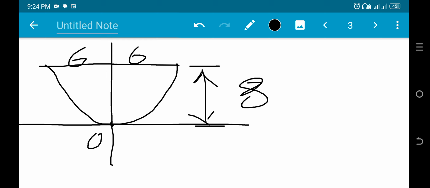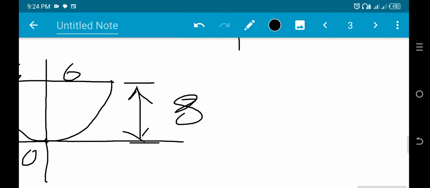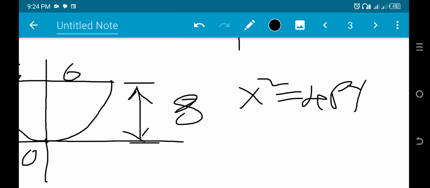Now, since we are seeing this parabola, it is opening upward. Since it is opening upward, the formula is x squared equals 4py. So now our main agenda is to identify x and y.